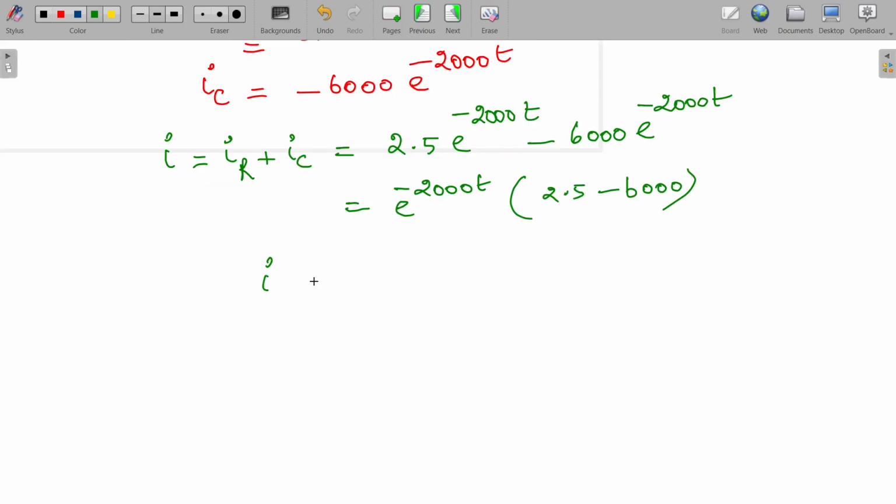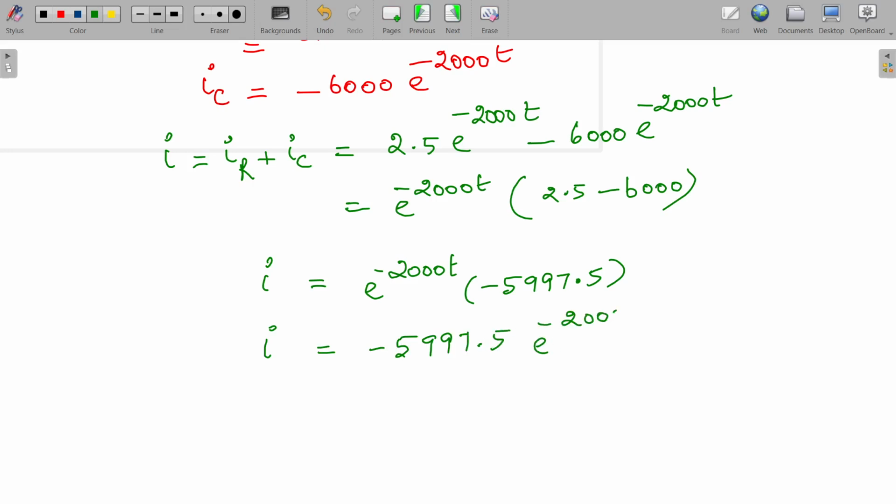So I is equal to e^(-2000t) times minus 5997.5, or I can rewrite this as I equals minus 5997.5e^(-2000t).